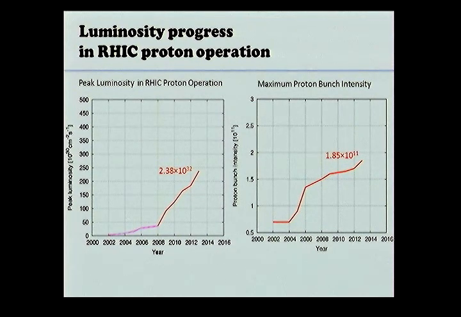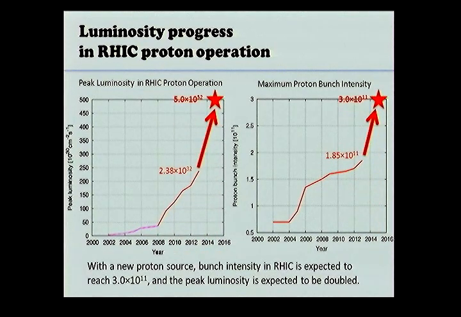For the next RHIC luminosity increase, we are going to increase the luminosity with a new proton source. With this new proton source, the bunch intensity in RHIC is expected to reach 3 × 10^11, and the peak luminosity is expected to be doubled from the current one to almost 5 × 10^32.